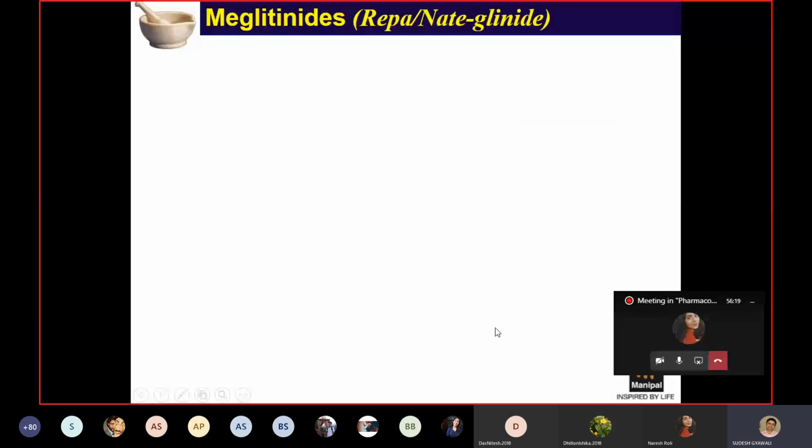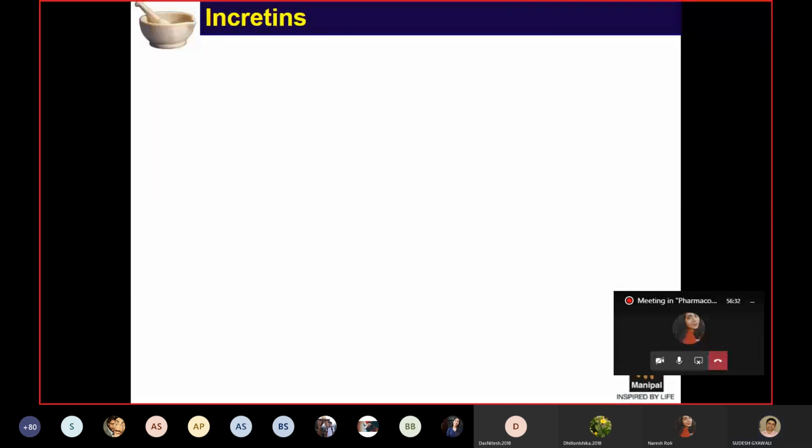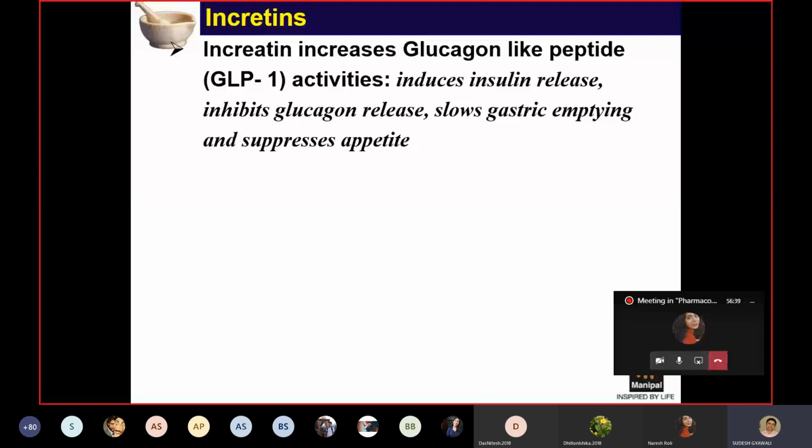Okay. So we were talking about this meglitinide, which has a similar action, but it is not a drug which is preferred or used singly as a main drug. Now let us go to incretins. It is again a newer addition. Incretins increase glucagon-like peptide, GLP, activity.